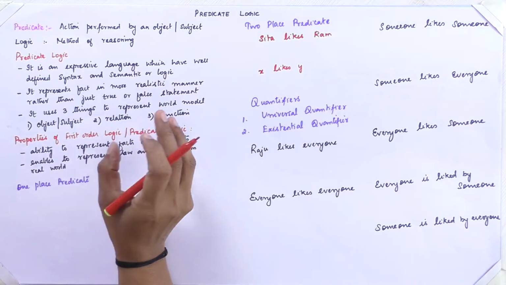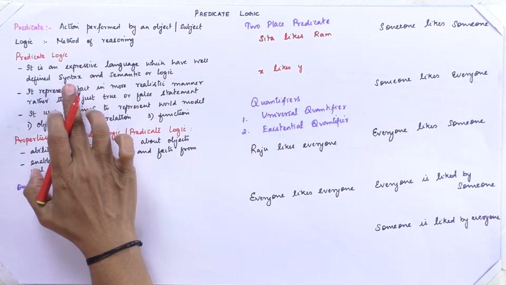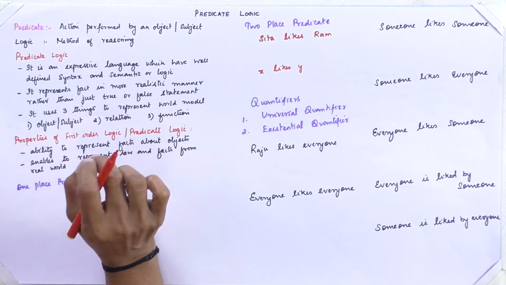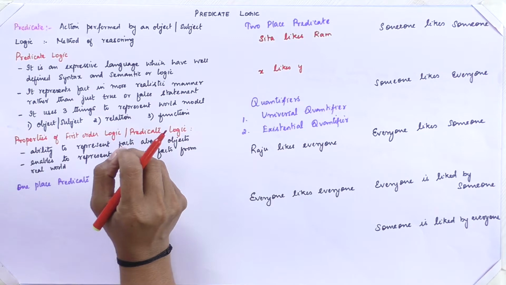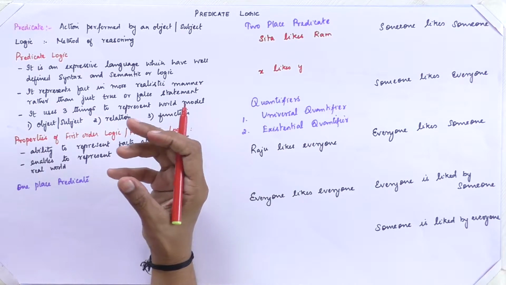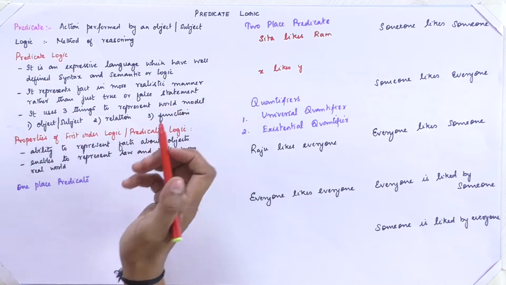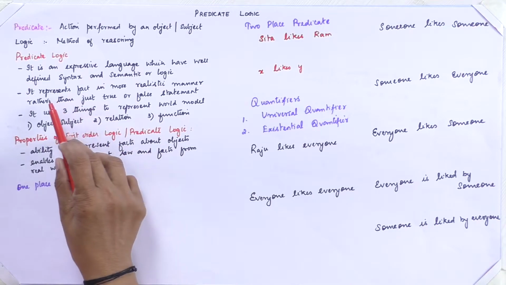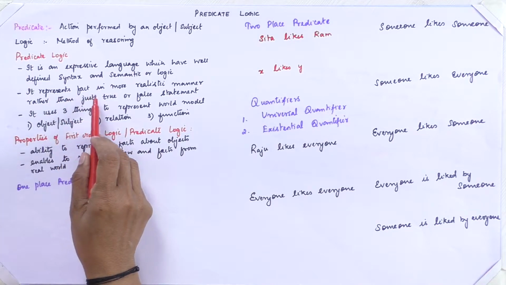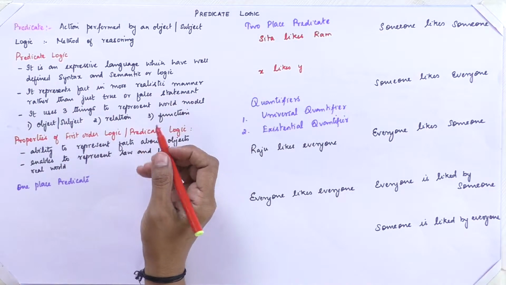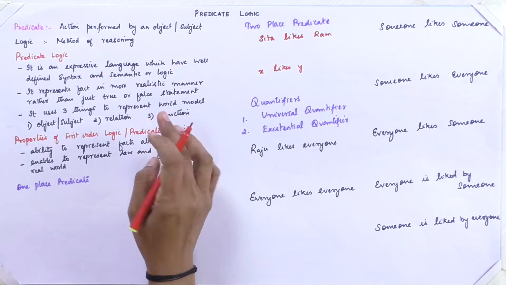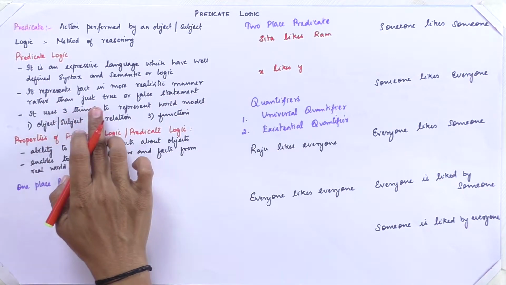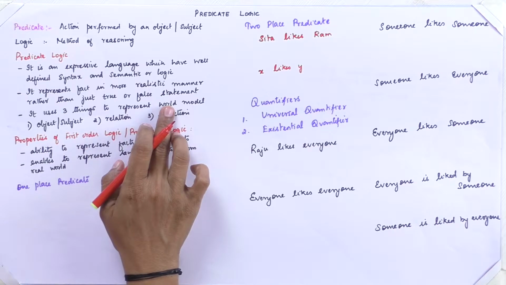With the syntax and the logic, predicate logic is a very expressive language with which we can find out what is actually happening in the real world. And the second point is that it represents facts in a more realistic manner rather than just true or false statements.